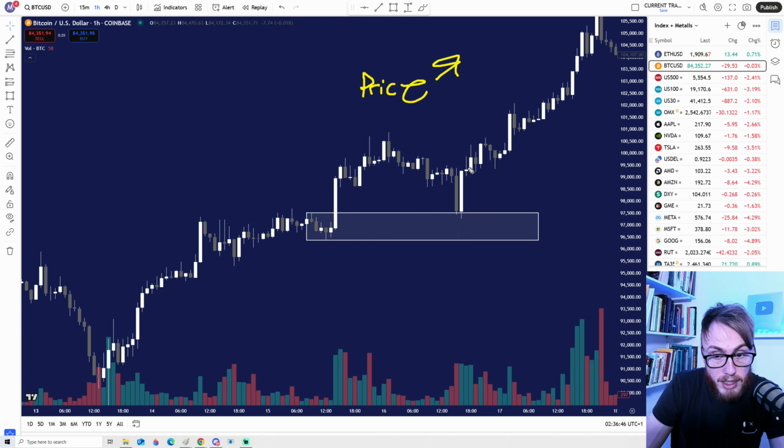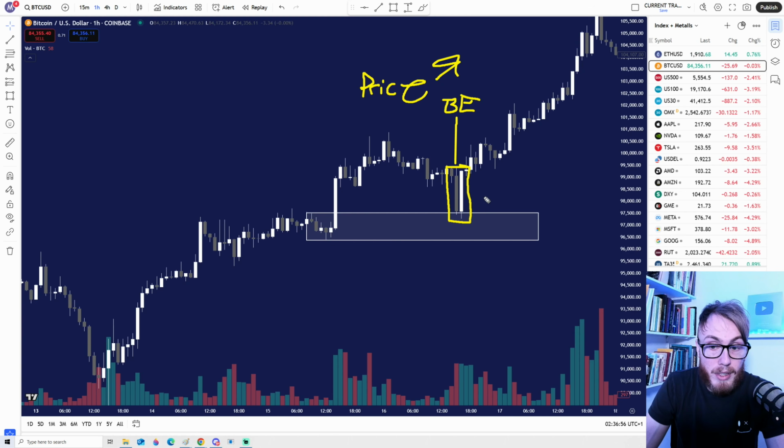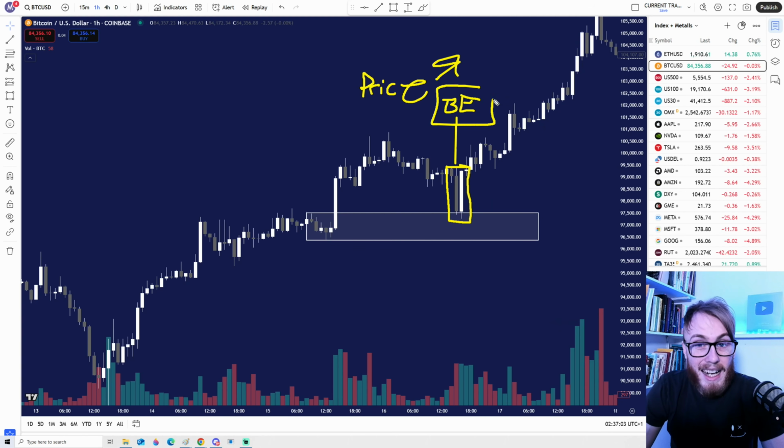And if you look closely right here, if you look at these 2 candles, we can actually see that this is what we call a BE, or in other words, a bullish engulfing pattern. This is a bullish Japanese candlestick pattern indicating a move here towards the upside. So here we actually had yet another bullish sign indicating a move upwards.